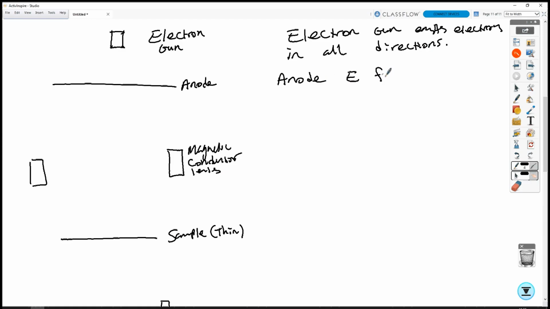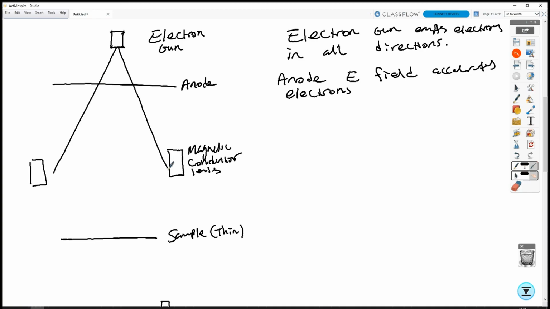The anode E field accelerates electrons. So electrons make their way out like so.